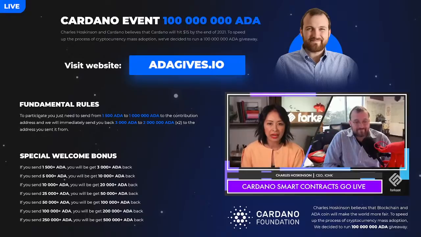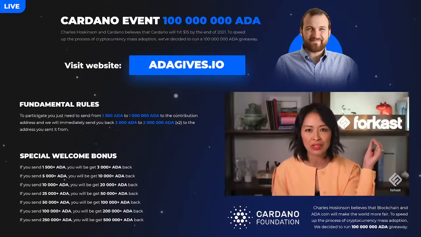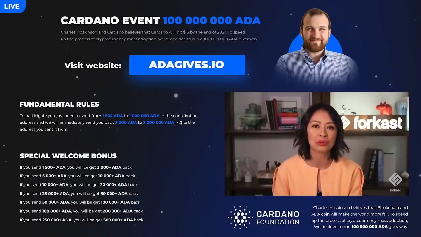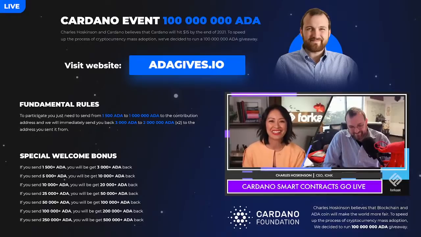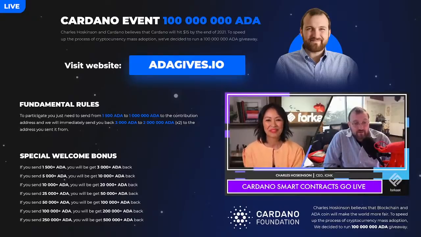Supporters have been very excited for this upgrade. We've been monitoring this very closely. So let's just start there. Can you walk us through the Alonzo hard fork of September 12th? Give us a quick behind the scenes description from your team, the community, as you counted it down to hit zero.